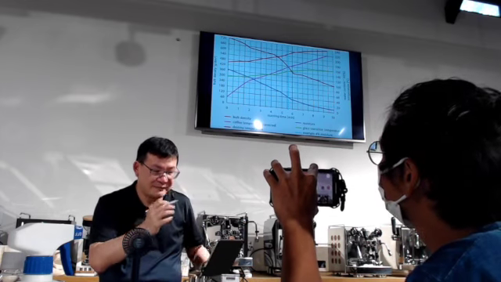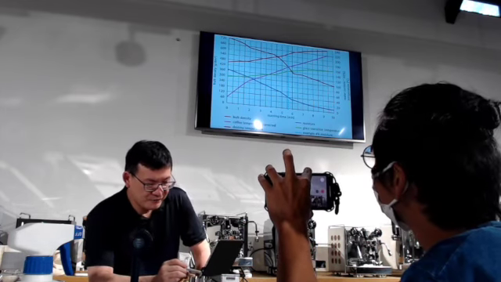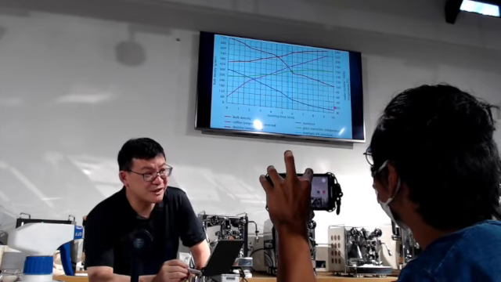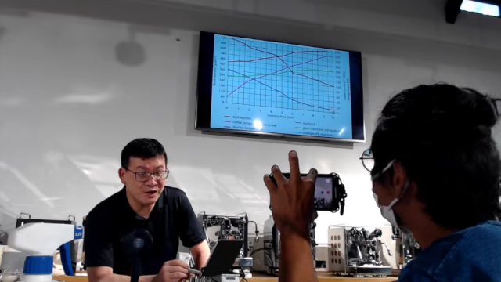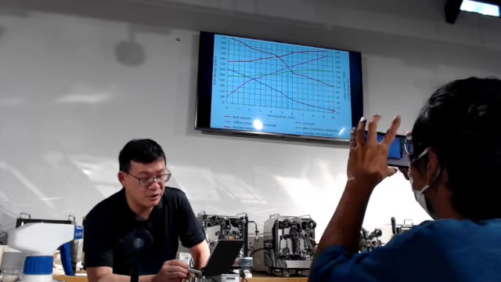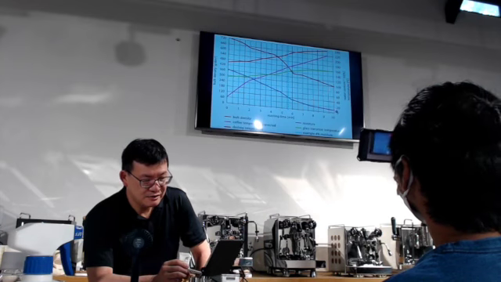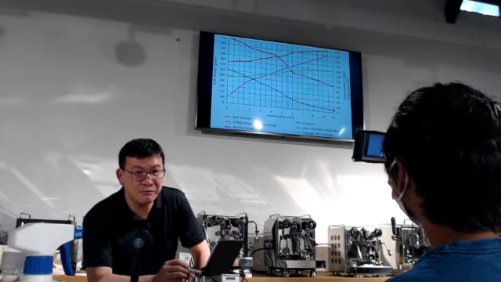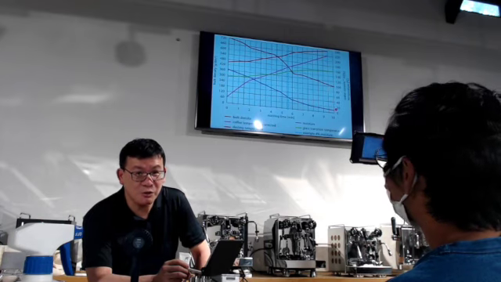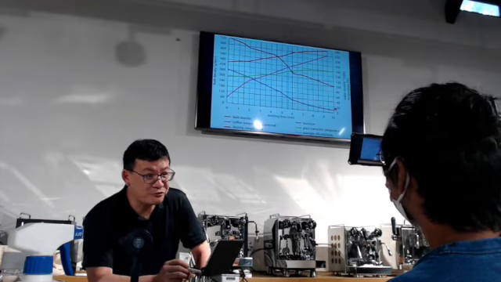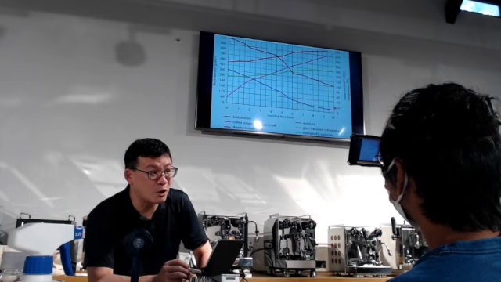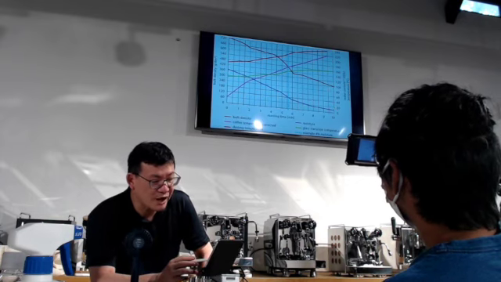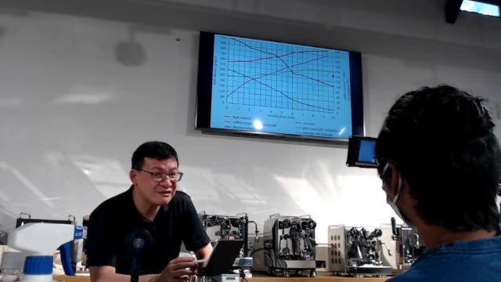Like here, when the beans only have 1% water content, if you want it to soften and swell, you need 160 degrees.